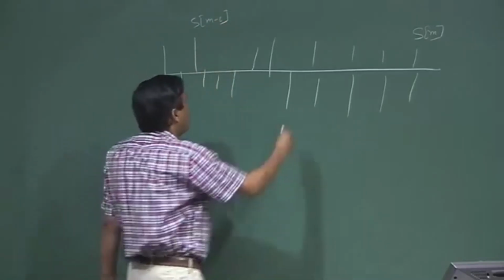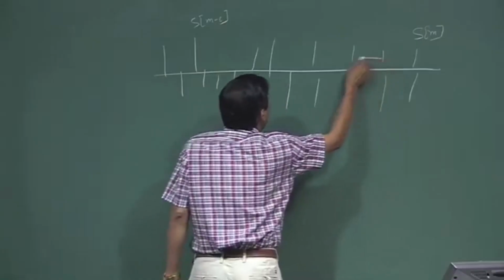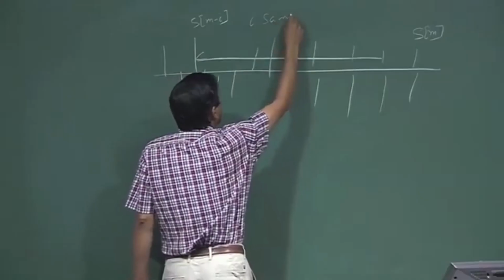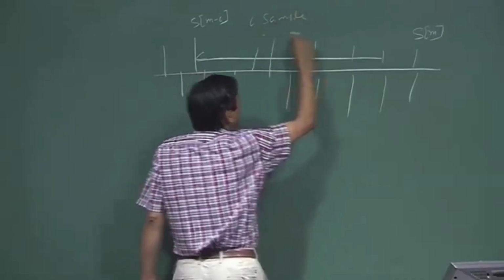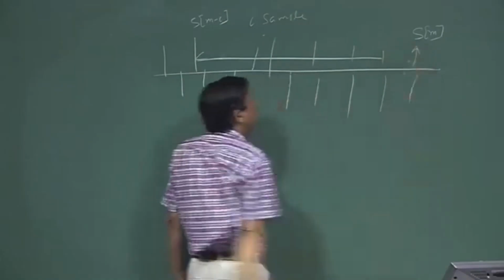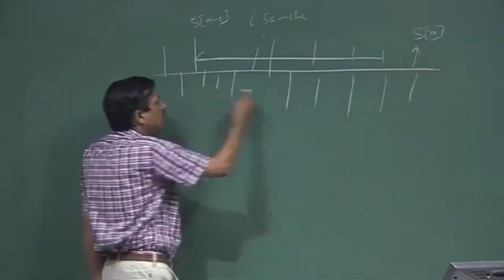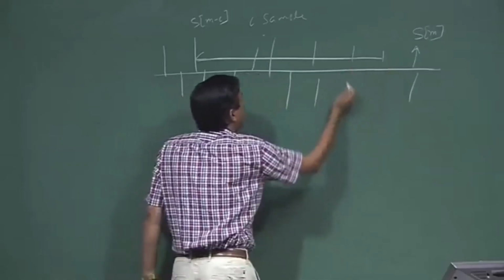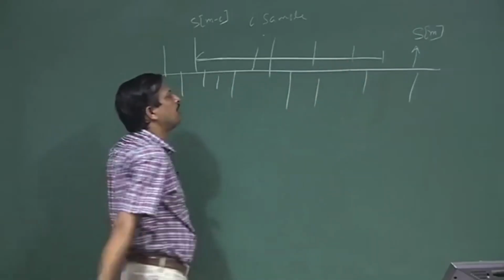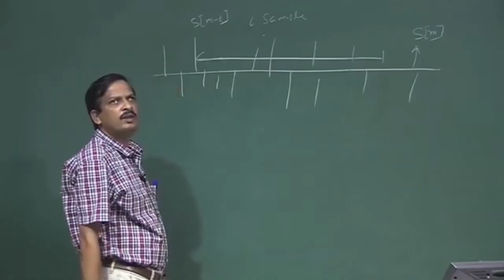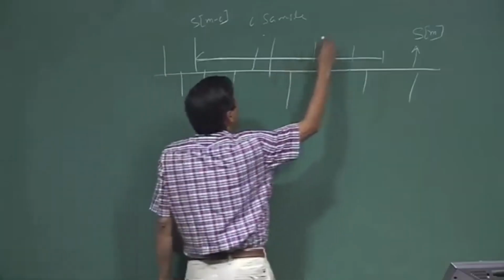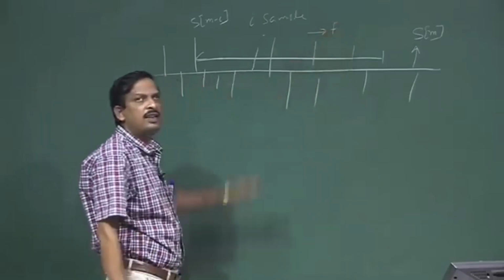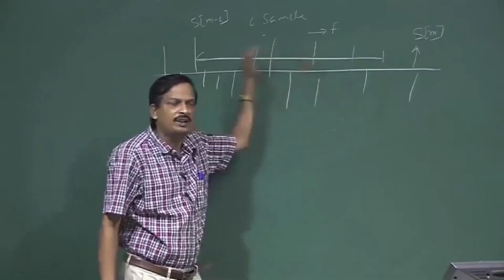Using these previous i samples, I want to predict this S m sample. If I do that, it is called forward prediction.